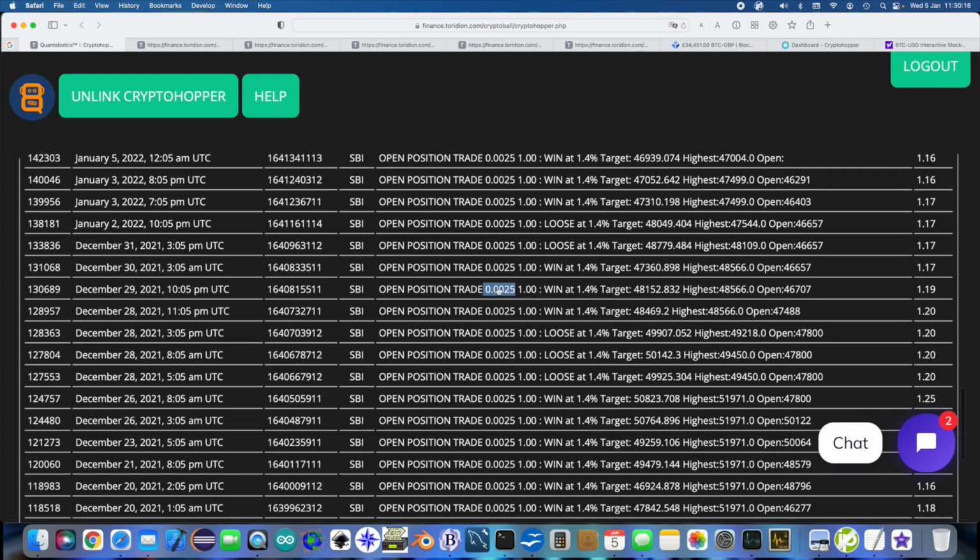It's the amount of Bitcoin to buy, 1% take profit, but it was a win at 1.4% actually. So it opened at 46,707. The target we needed was 48,152 for 1.4%, and the highest it reached was 48,566 in some future time. So that would have been a win.